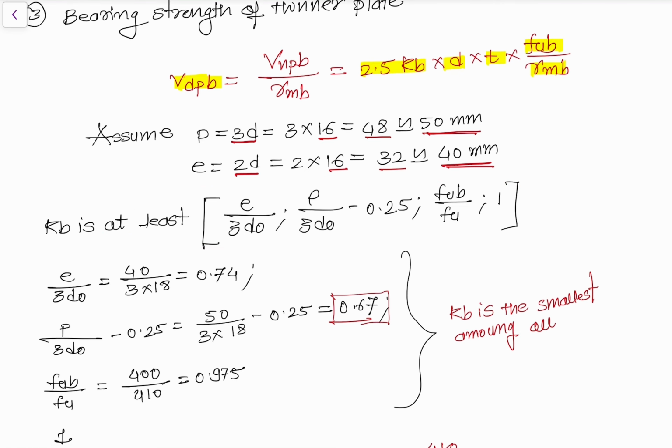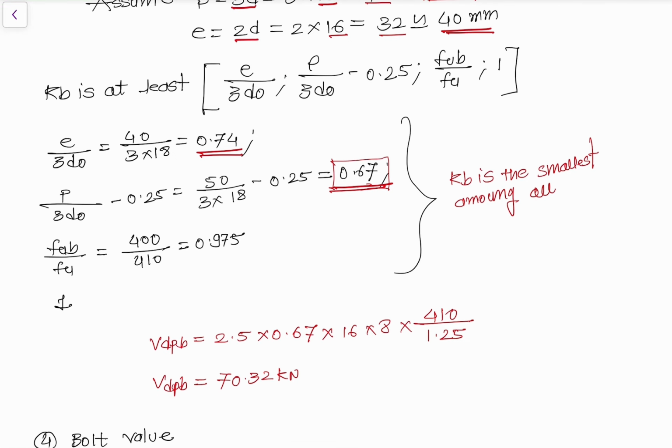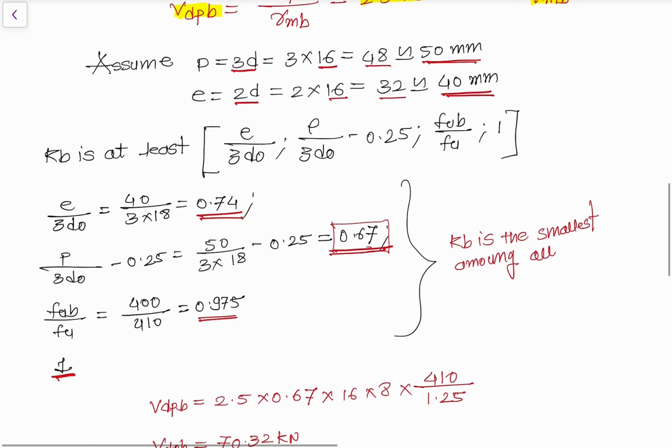Now let's put all the values in this KB calculation. The first formula is edge divided by 3 into d0, so it becomes 0.74. Then pitch divided by 3 into d0 minus 0.25, it becomes 0.67. Then next is FUB upon FU, which becomes 0.97, and the 1 is a unit value. So the least is 0.67. In this situation, we need to consider KB as the least value.